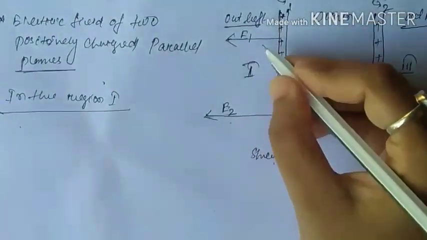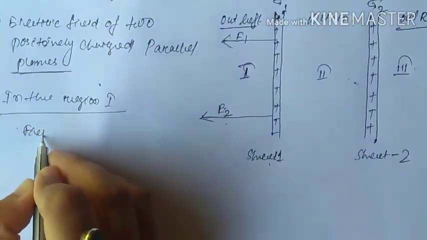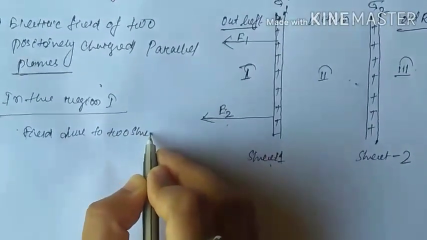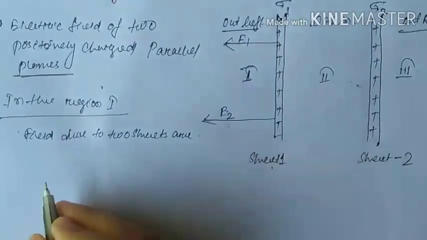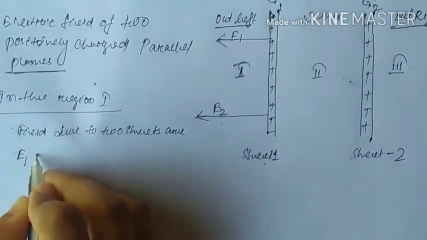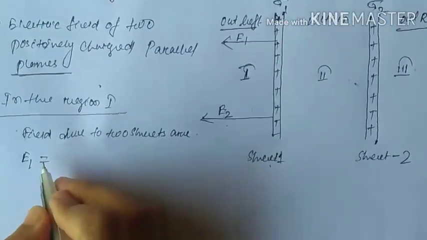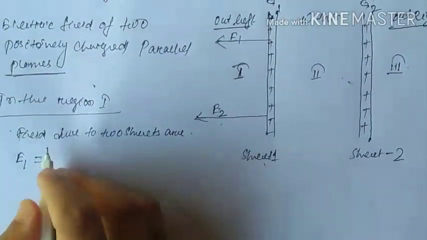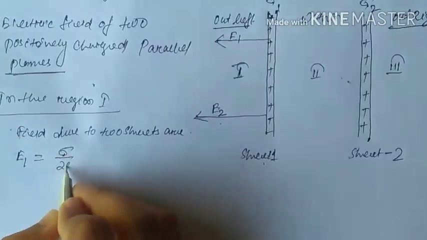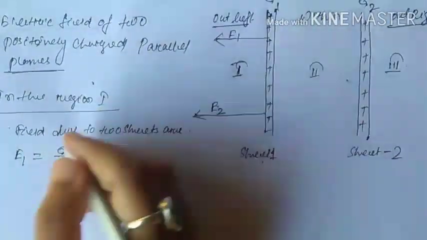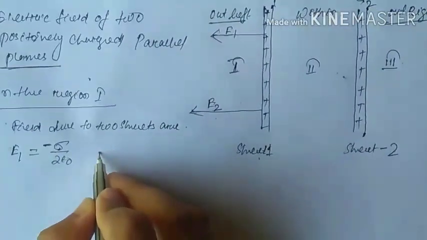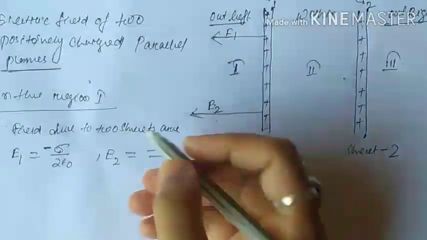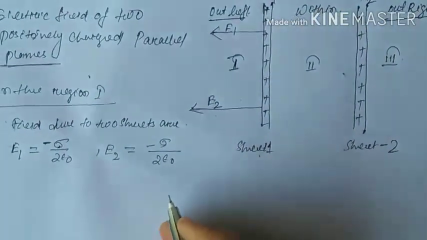So here for region 1 we can write field due to two sheets are E1. What is it? Calculated earlier, the electric field due to sheet is equal to sigma by 2 epsilon naught, as it is in the opposite direction or the negative direction of x-axis, so it is minus. Similarly, E2 is equal to also in the opposite direction, so it is minus sigma by 2 epsilon naught.